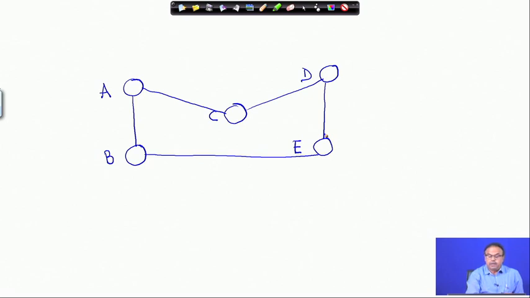Suppose this is the scenario. So, I can directly reach from A to C, but I cannot directly reach from A to D. I can directly reach from B to E, but I cannot directly reach from B to C, like that.